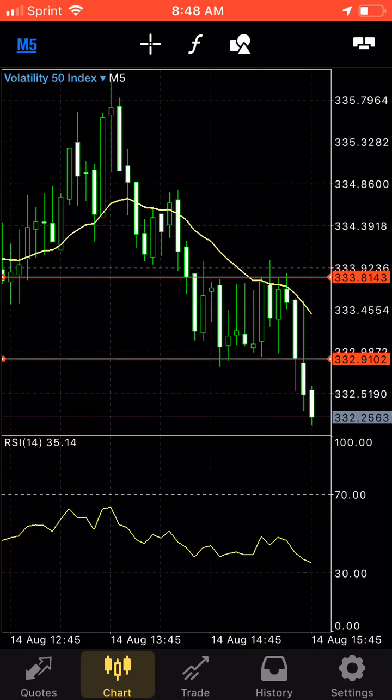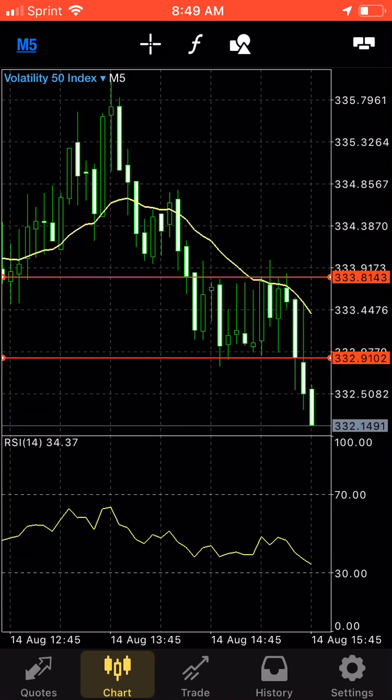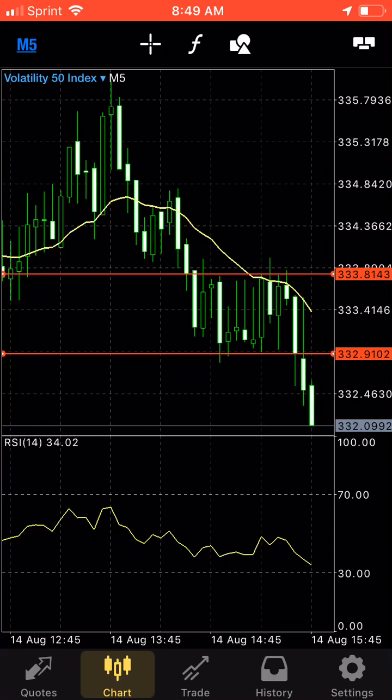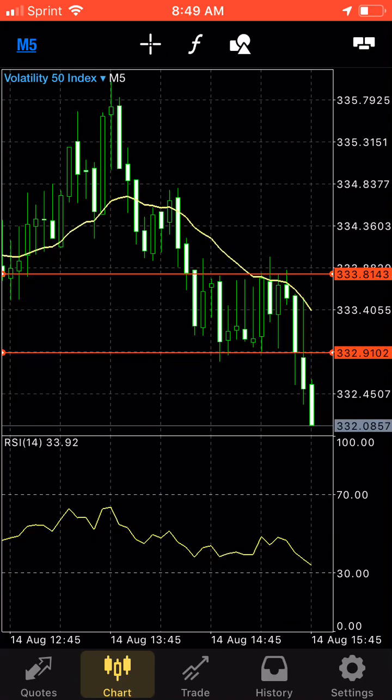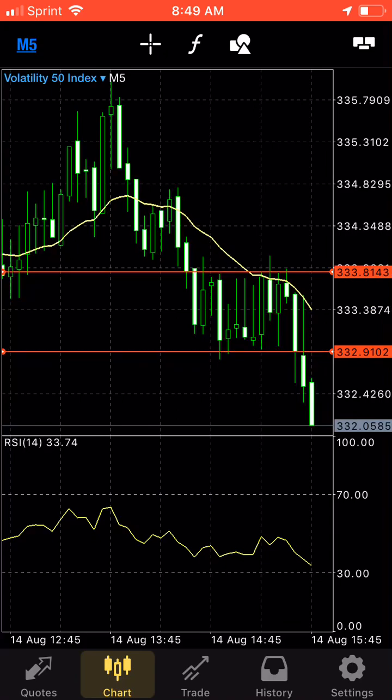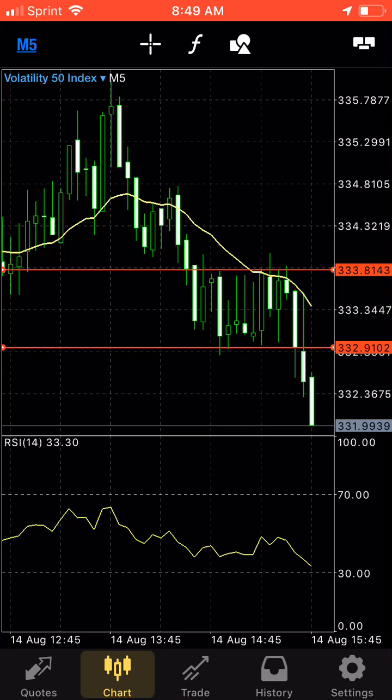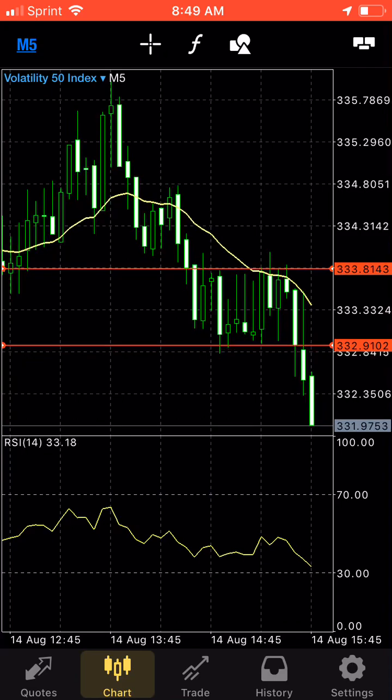The retracement started at 332.9102. And when price broke the retracement, it was able to go down a little bit more to 332.30334. And you're seeing pressure going on the downside.